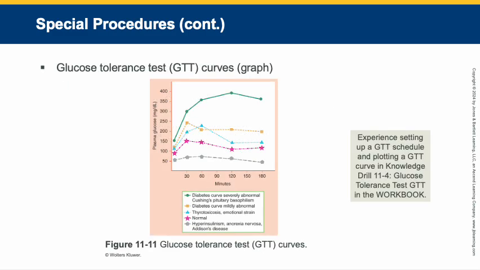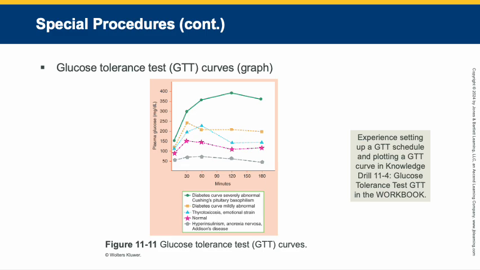This is an example of a glucose tolerance test curve. Okay, yes, on figure 11.11 in your textbook, that is a picture of the same one that is on this slide. If you notice the top line, that is where a patient is a diabetic.